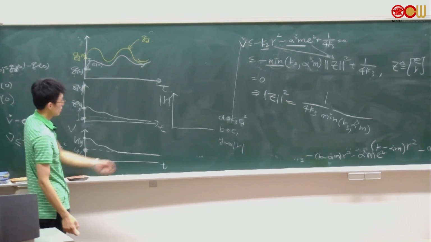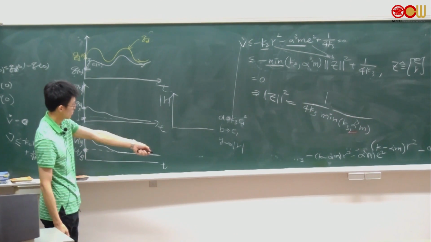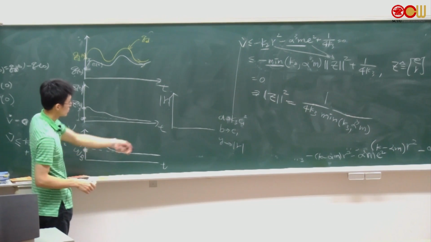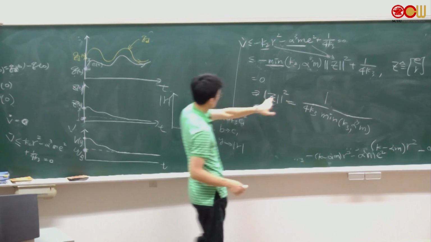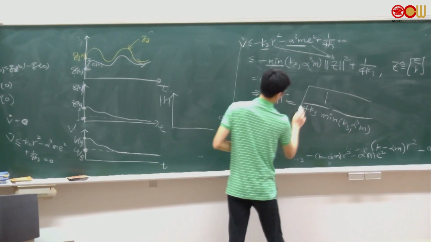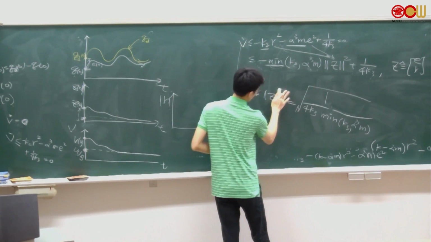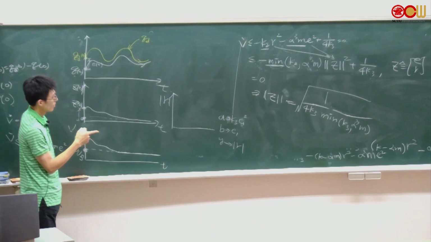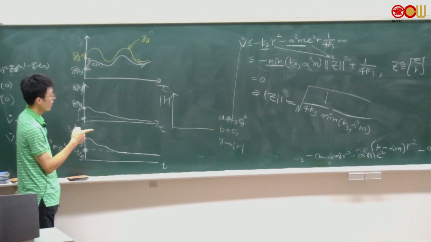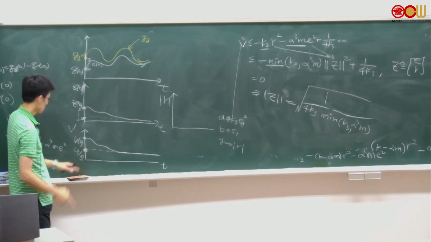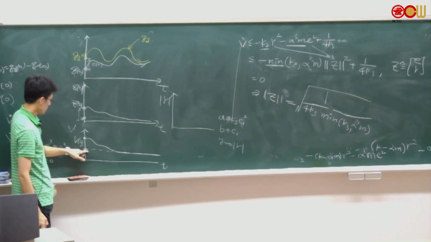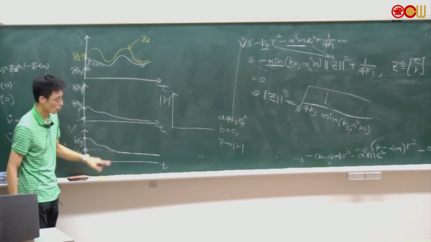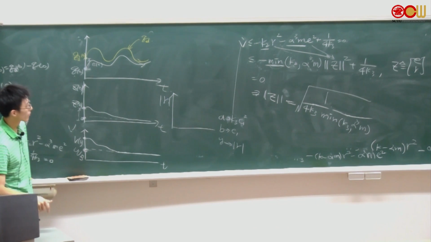The worst case, this value is equal to this. Take the square root, take this square out. This is the worst case UB value.